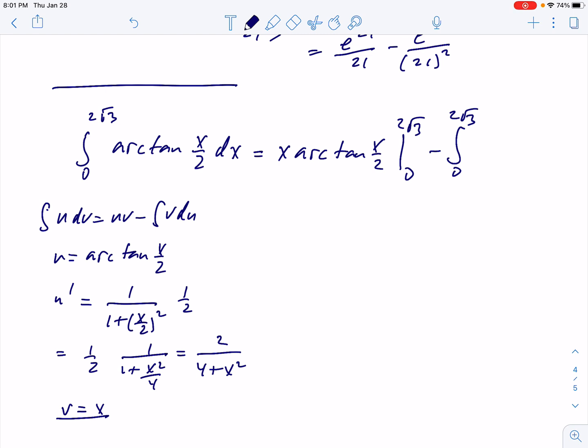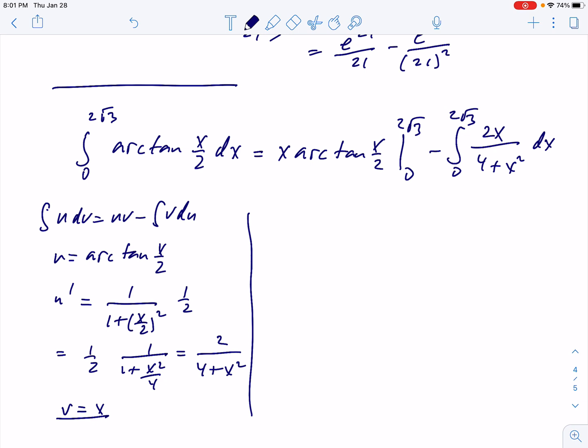So this will be here x, and there is 1, 2, which I shall put outside. Well, actually, I'll keep it inside, and we have 4 plus x squared dx, like that.